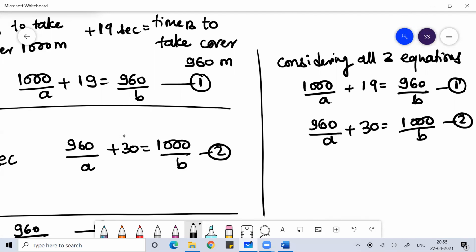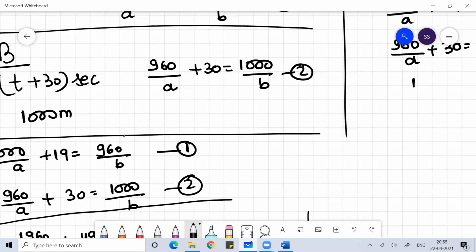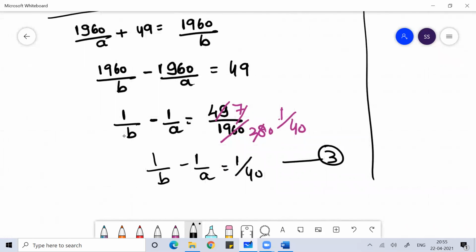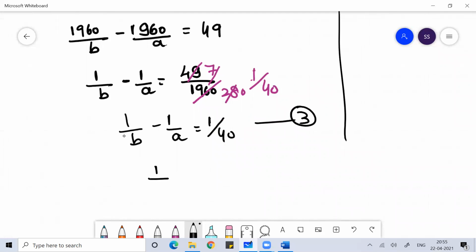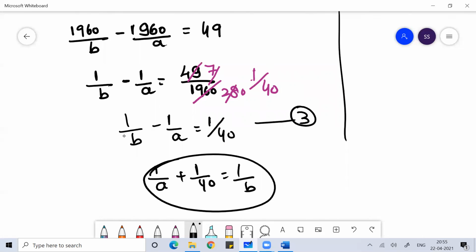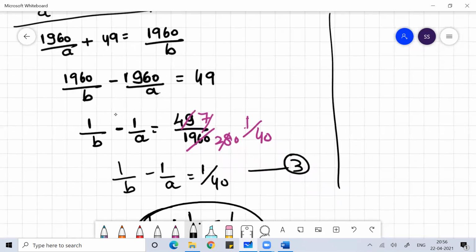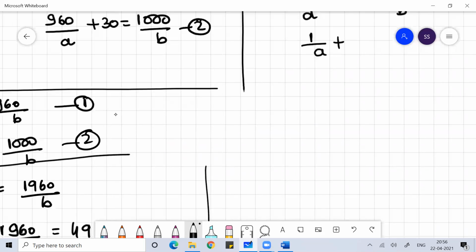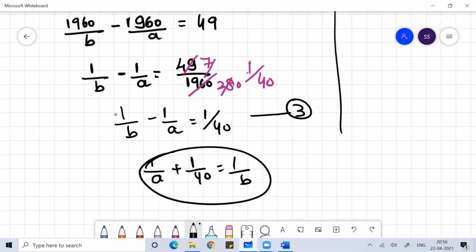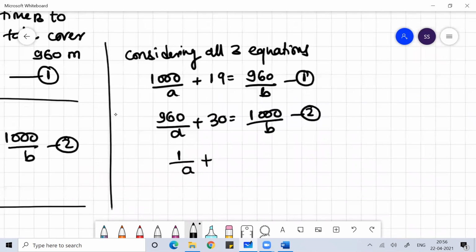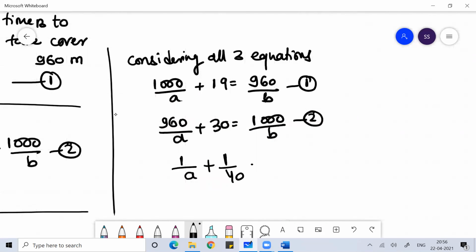And my third equation is 1 by b minus 1 by a is 1 by 40. If I write it in terms of a, I can write this as 1 by a plus 1 by 40 is equal to 1 by b. So this is your third equation.